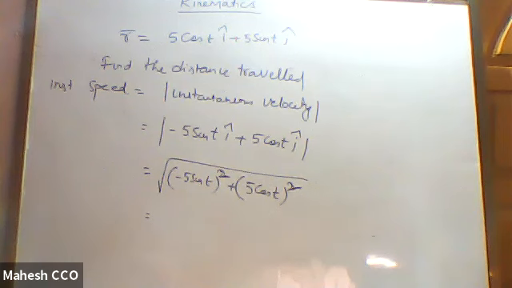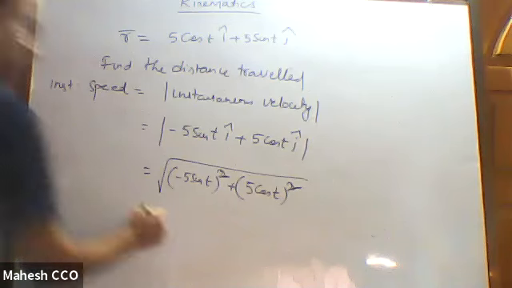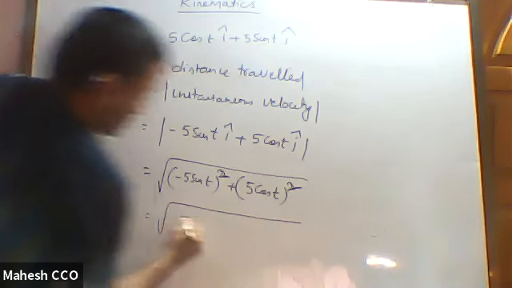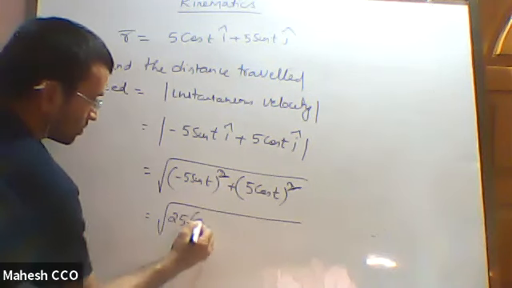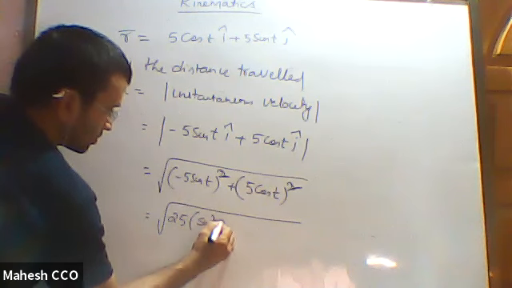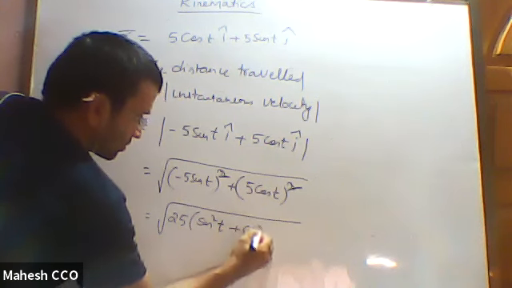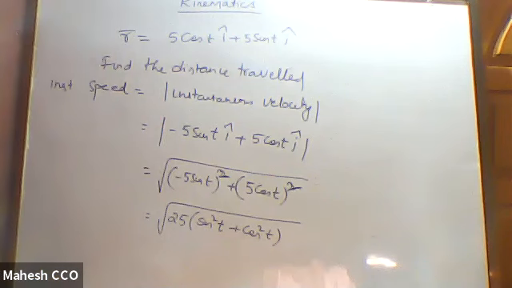That will be nothing but under root of 25 sin square t plus 25 cos square t, which is under root of sin square t plus cos square t into 25.